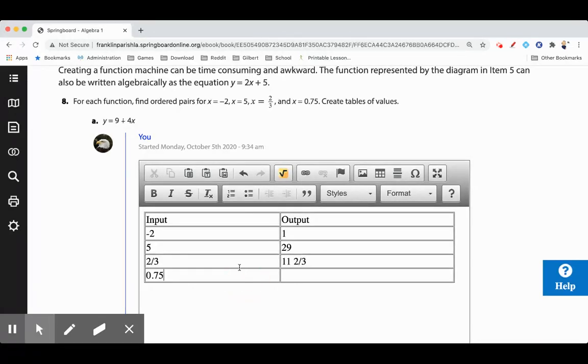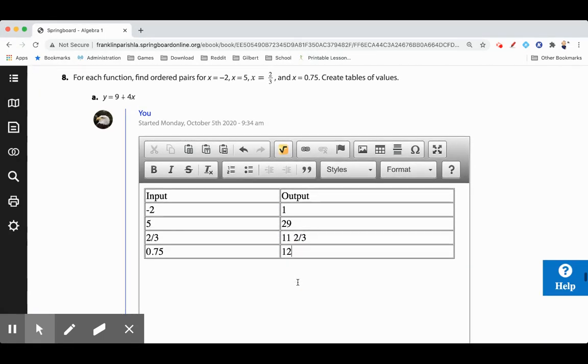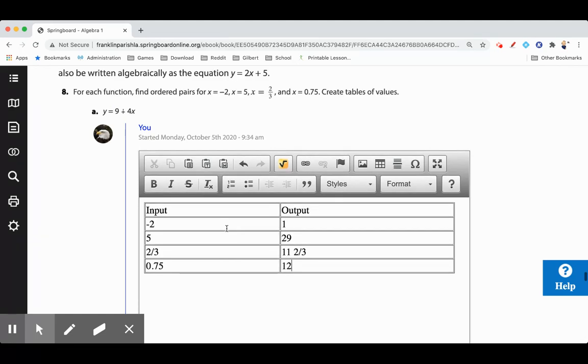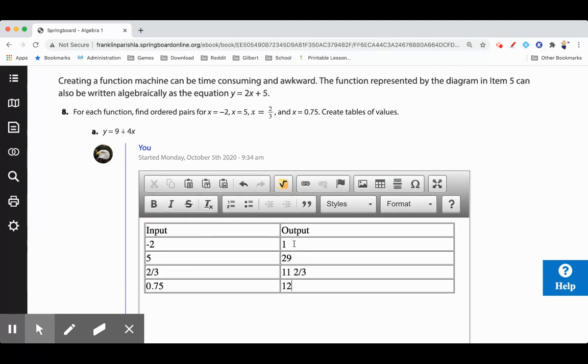And then 0.75 times 4, well, that'll be $3.00. Because 75 cents and 75 cents is $1.50. And you do that another 2 times, so that'll be 4 times. So $3. 9 plus $3 is 12. There we go. That would be our input-output table for this equation.